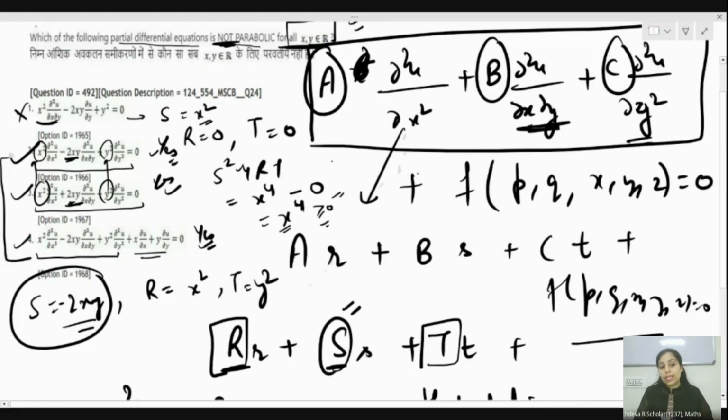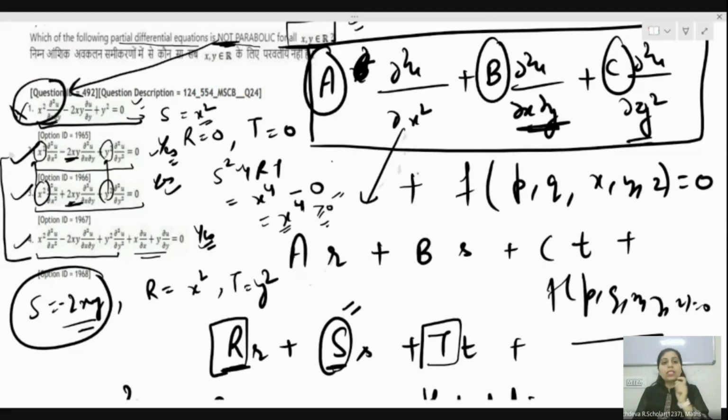But the first equation is either hyperbolic or parabolic, so in case of hyperbolic, this is not a parabolic equation. So this is the more correct answer. The first option will be ticked as the answer, since the question says not parabolic, and the second, third and fourth will be cancelled as all three are surely parabolic.